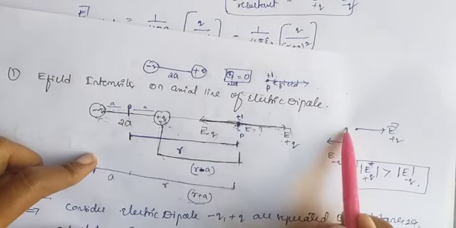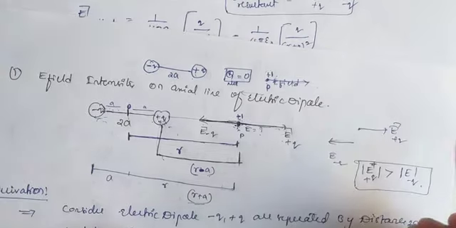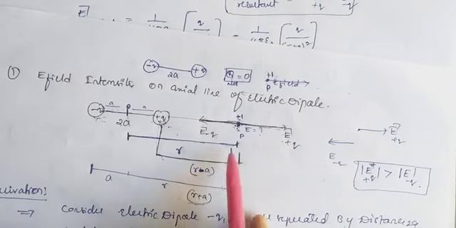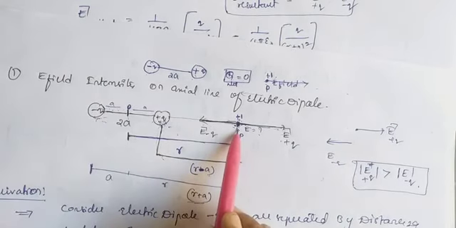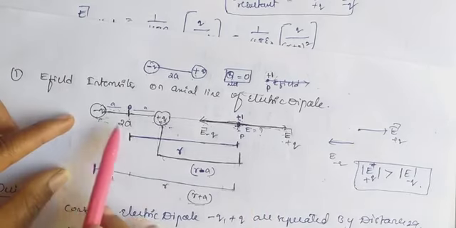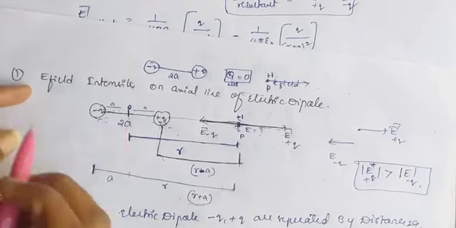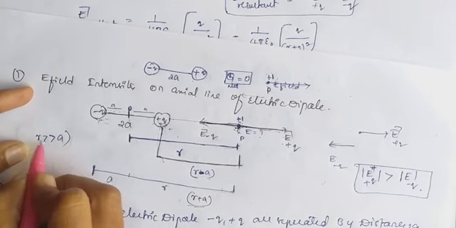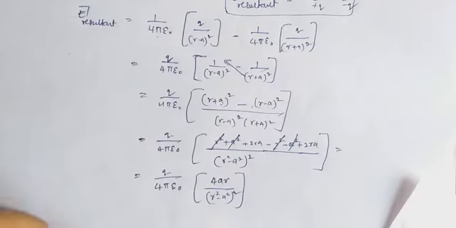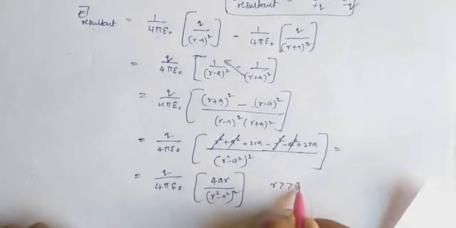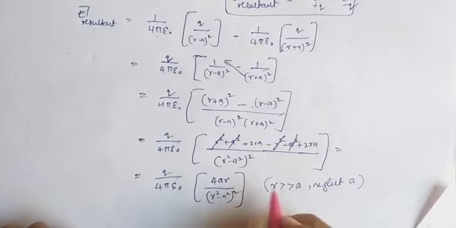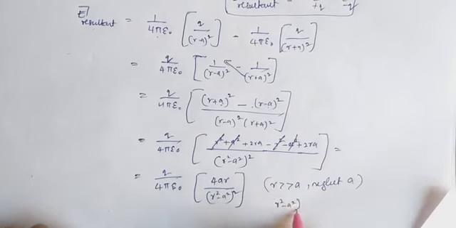If you take the point here, then R will be greater than if we take the point nearby. So R means the distance from the center to the point P, and compared to R, the distance between the two charges is very small. So we take the condition that R is very much greater than A, and then we have to neglect A. So R square minus A square whole square is written as R square whole square.